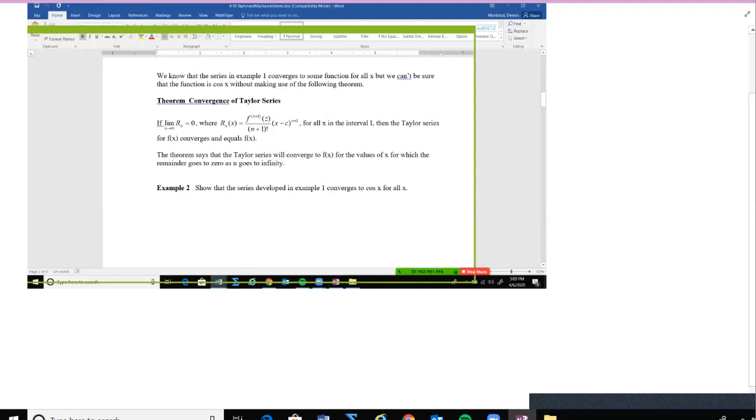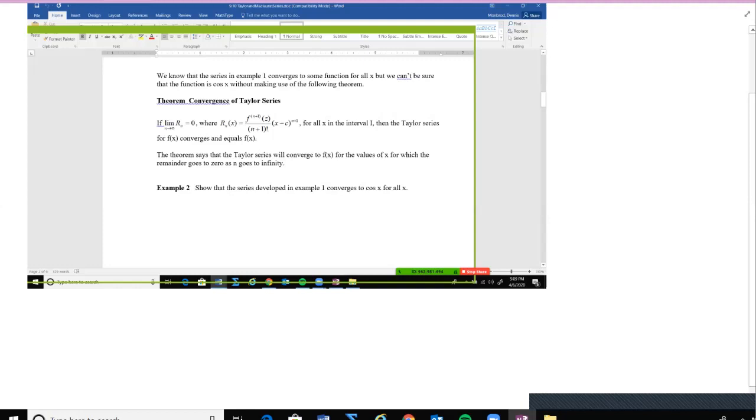So we have to have the series in front of us first, and then determine if this remainder actually heads to 0. If it does, for any x on that interval, then the series that we have in front of us will actually converge to the function itself.